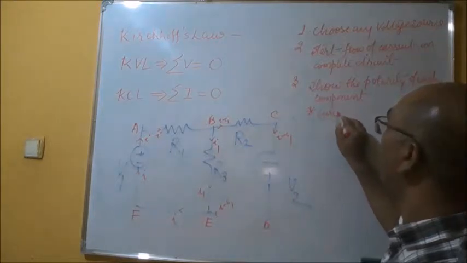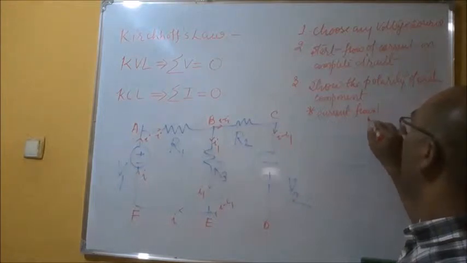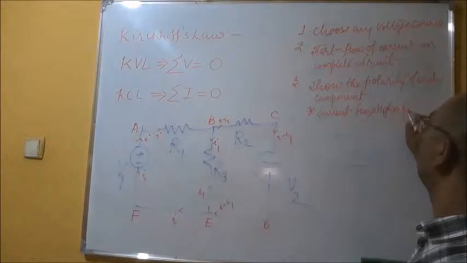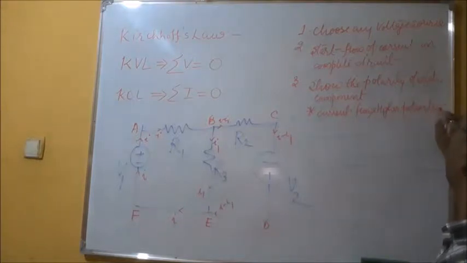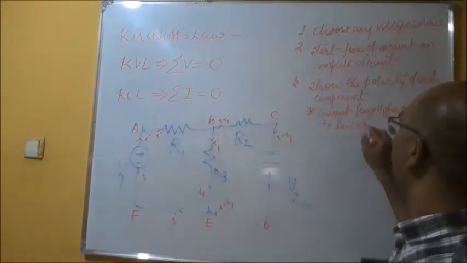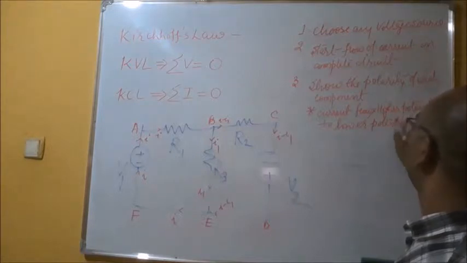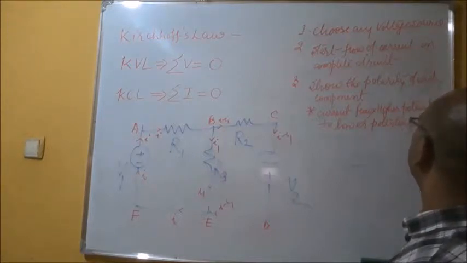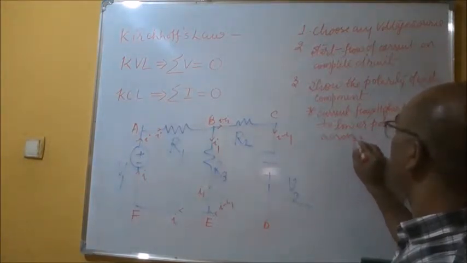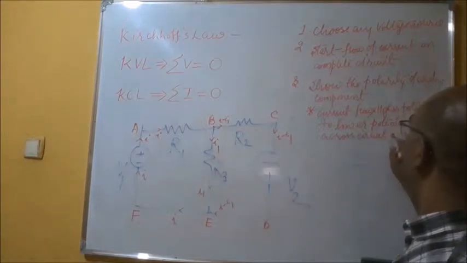Current always flows from higher potential to lower potential across a circuit element.